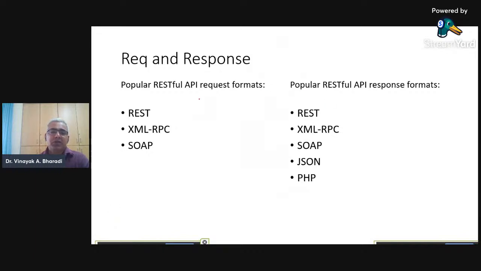The request is made by the client, and request formats are REST, XML, remote procedure call, or simple object access protocol. The response formats are REST, XML-RPC, SOAP, JavaScript Object Notation, and PHP, that is hypertext preprocessor. So these response formats are available.